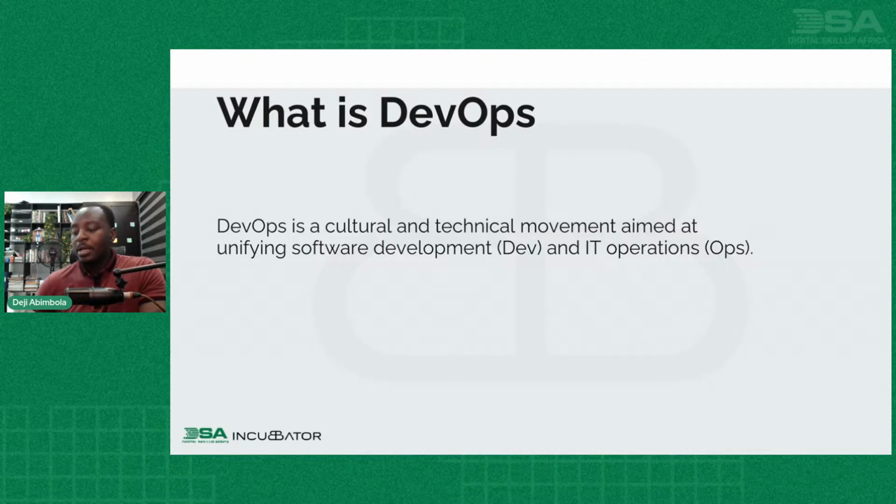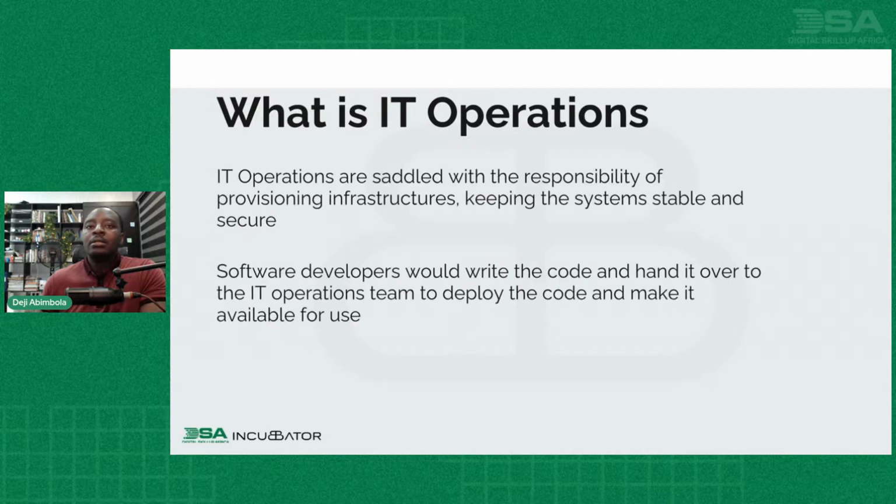So at least by now you are familiar with who a software developer is. You are a software developer, but you might be wondering what IT operations entails. Traditionally, they were saddled with the responsibility to provision servers. They have the responsibility to keep systems stable and secure. So what do we mean by provisioning servers?